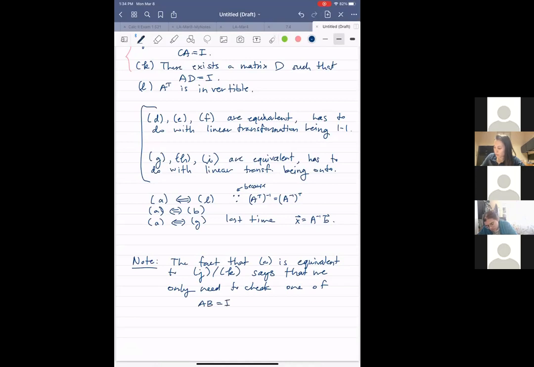So if we have A times B equals I and B times A equals I tells us that B is equal to A inverse, we only need one of these to conclude that B is A inverse. Okay, but very important is that A is square, because this would not be the case if A was not square.